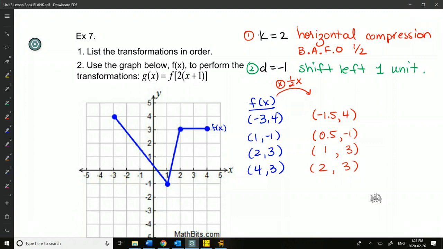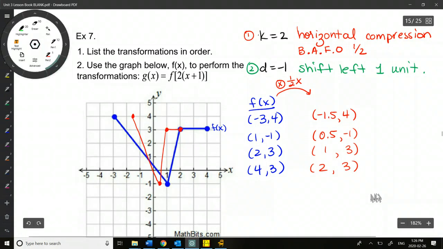It should look like we take this blue graph and put it in a little compressor, so it all gets compressed horizontally. So -1.5, 4; 0.5, -1; 2 goes to 1; and 4 goes to 2. So here's our graph. It gets compressed.